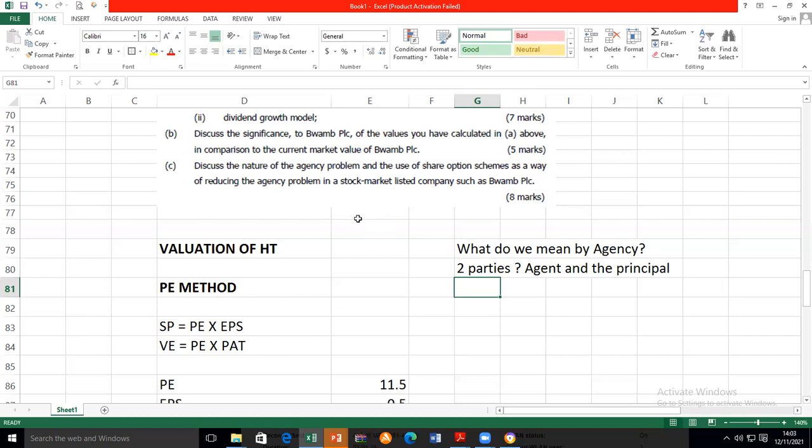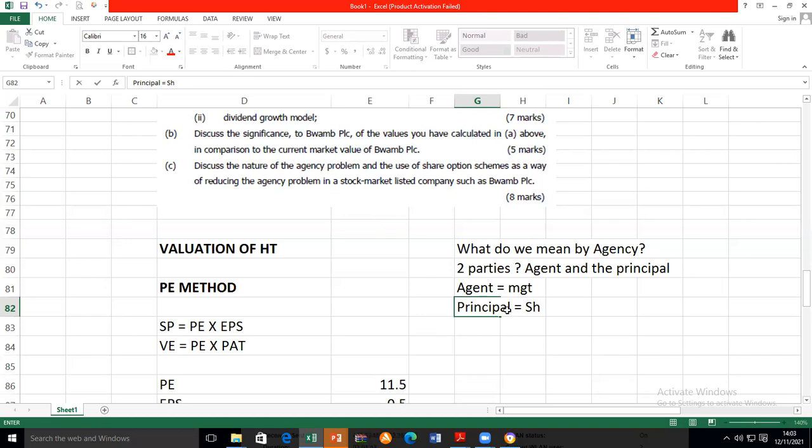In a company, who is the agent? Who is the principal? The shareholders. What is the task?